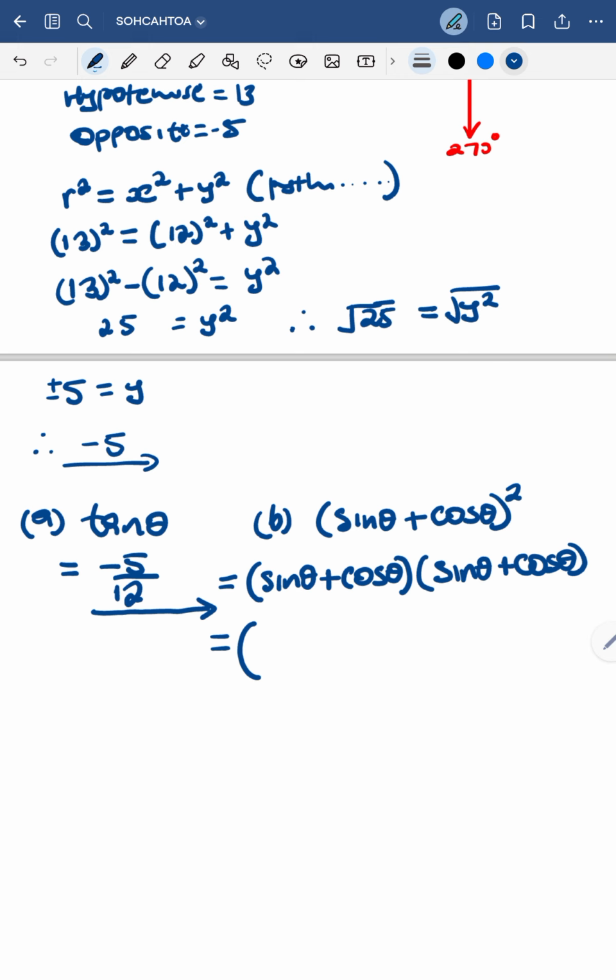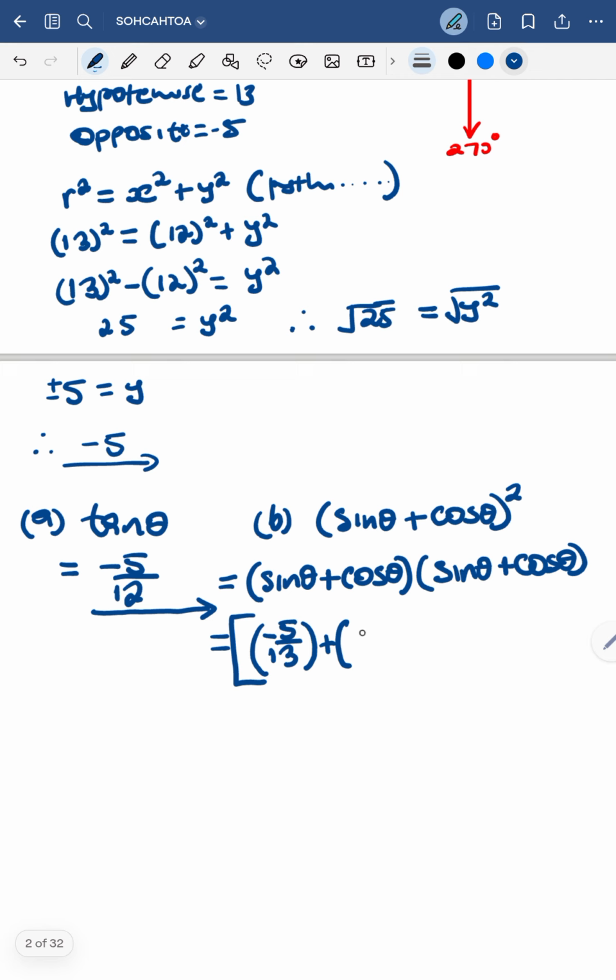What does it mean? Sine is opposite over hypotenuse. So our opposite is 5 over what is our hypotenuse? It is 13. Then you square. Okay, so here we're gonna use a square bracket because there will be other brackets inside here. Then plus what is cosine? Cosine is adjacent over hypotenuse.